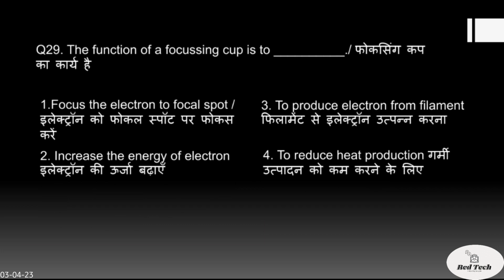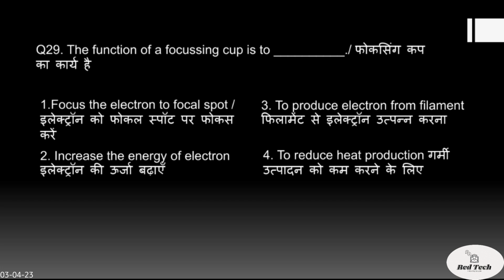Question number 29. The function of a focusing cup is to. So what is basically the function of the focusing cup in the X-ray tube machine? Options are: option 1 focus the electrons to the focal spot, option second increase the energy of electrons, option third produce electrons from the filament, and option 4 reduce heat production.